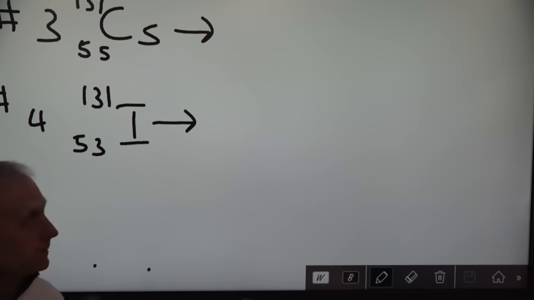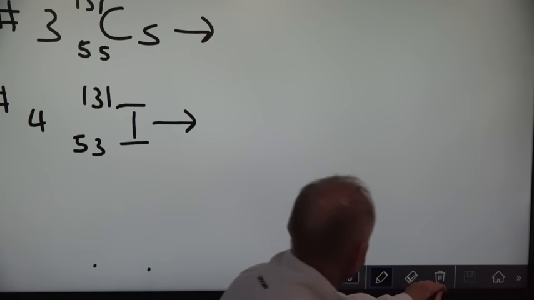All right? Okay. Now, the third natural transmutation. We've had alpha decay, we've had beta decay. This is called positron emission.